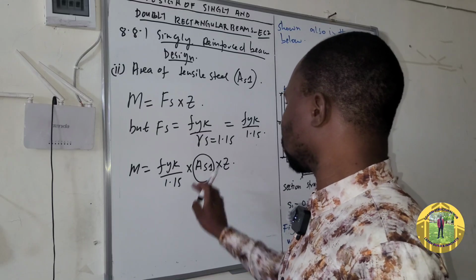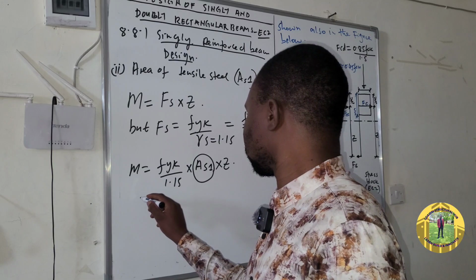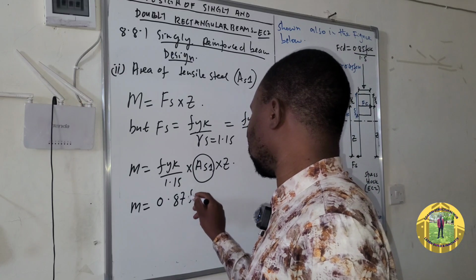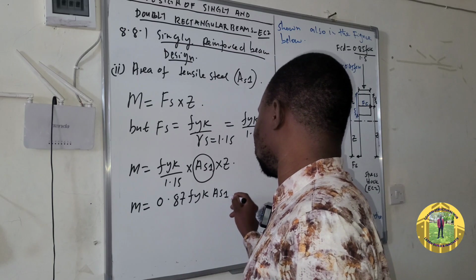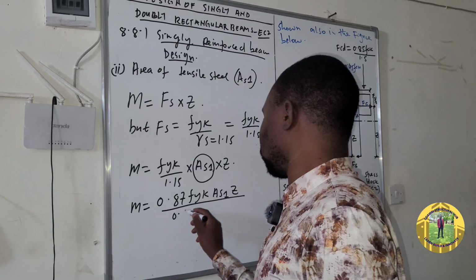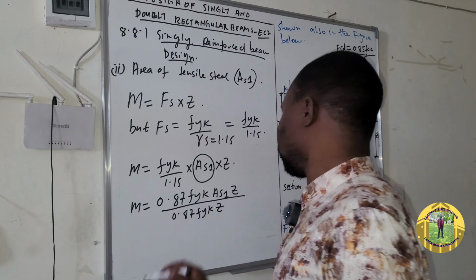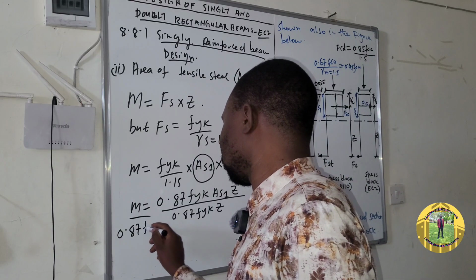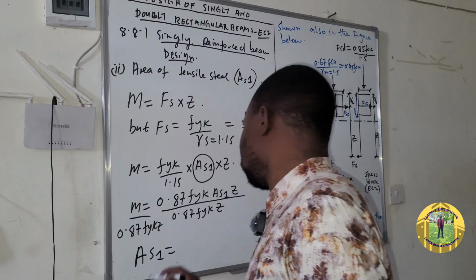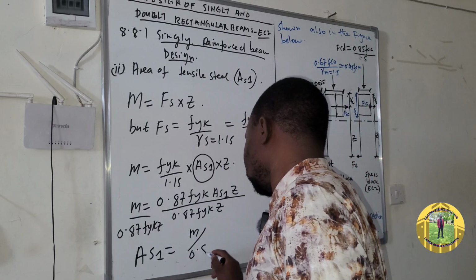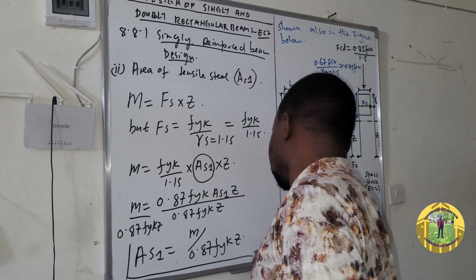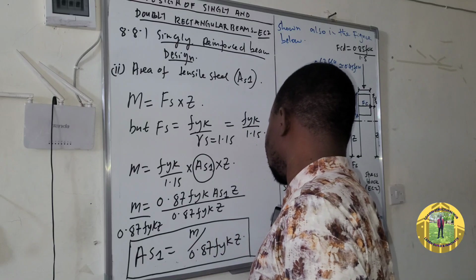So we can make this the subject of the formula, whereby M is equal to 0.87 Fyk area of steel in tension Z. So to get the area of steel in tension, you divide both sides by 0.87 Fyk Z. It means area of steel in tension is equal to M over 0.87 Fyk Z. This is the formula used to determine the area of steel in tension.